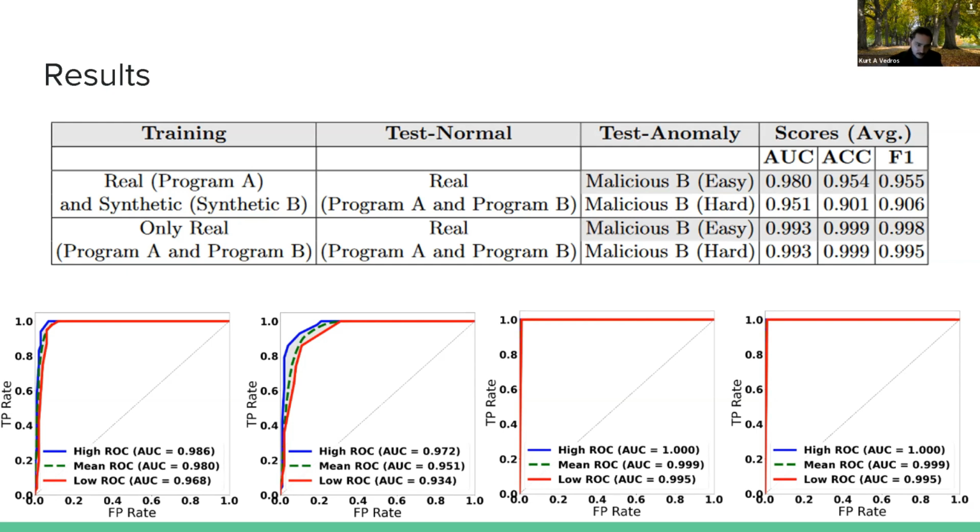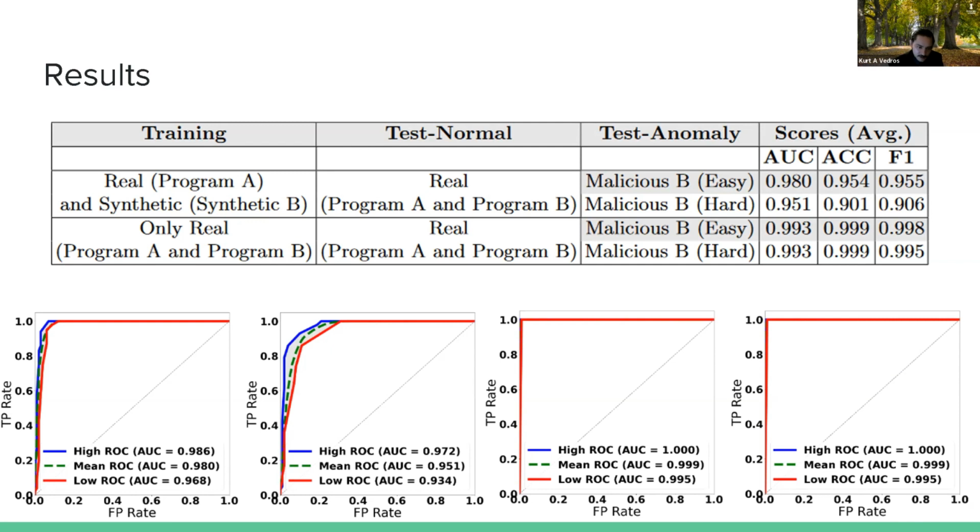The last 2 ROC graphs are when fingerprinting using only the real electromagnetic signals for both program A and program B. The third graph is when evaluating using the easier to detect malicious versions, and the last case is evaluated when using the harder to detect malicious versions.